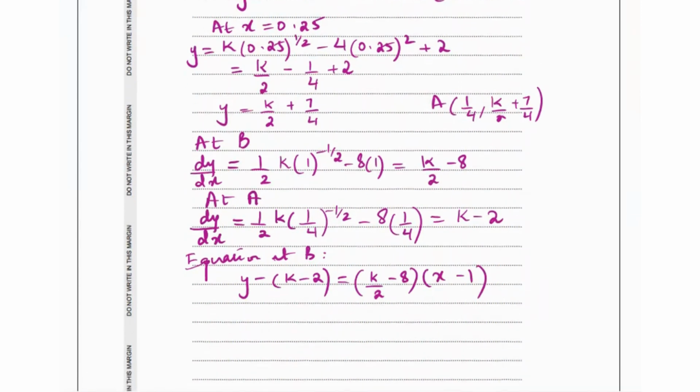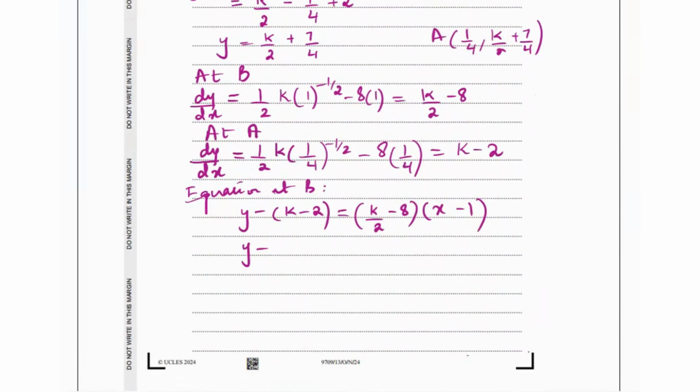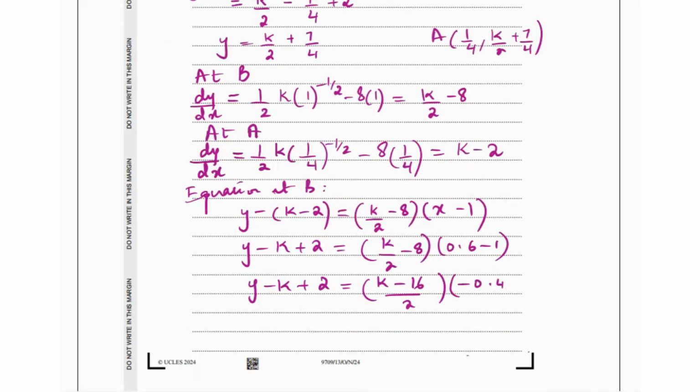X is given as 0.6, so let's just substitute that over here and make the calculation simpler. Y equals negative 0.4k plus 6.4 over 2 minus 2 plus k. This is one equation. Now we're going to find the equation at A.